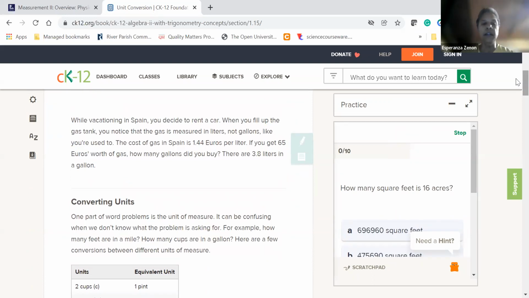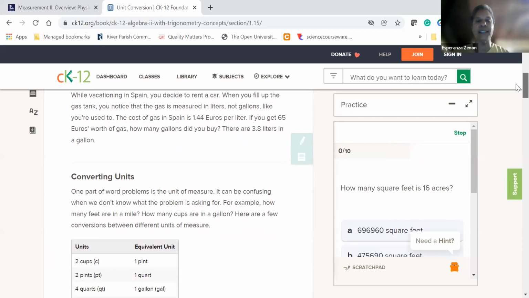So you see here the idea of a unit conversion. They pose a question here about traveling in Europe, and of course in Europe they use different units than we do. They actually use the metric system in Spain. They give the example, or in Europe.